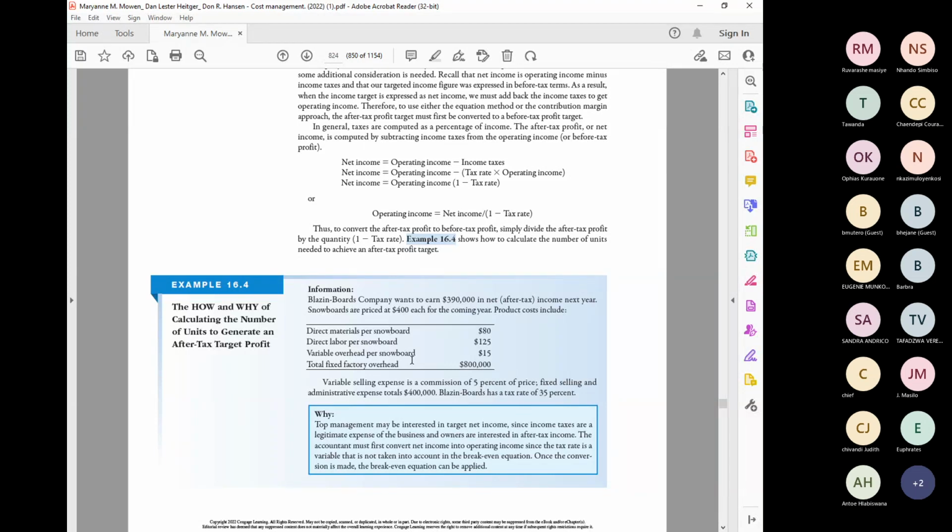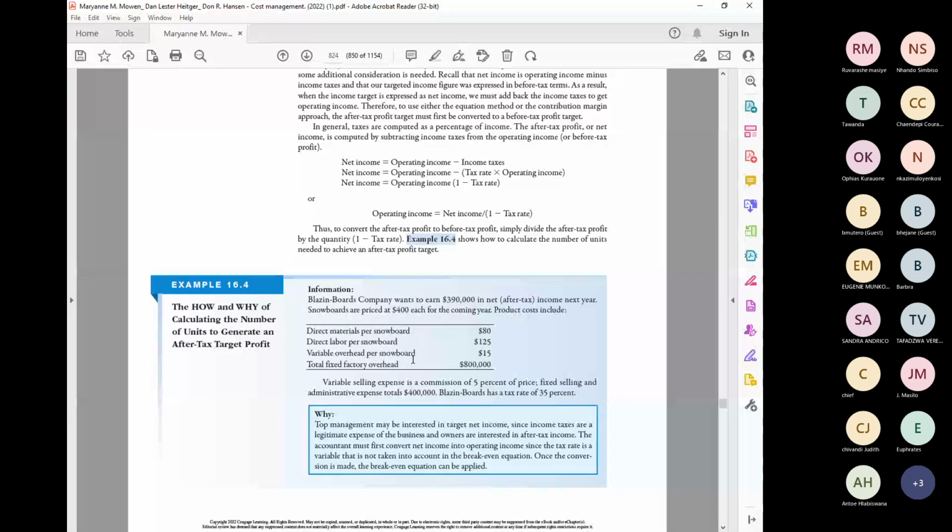Blazin Boards Company wants to earn 390,000 in net income, that is after tax, next year. Snowboards are priced at $400 each for the coming year. Product costs include direct materials per snowboard, $80; direct labor per snowboard, $125; variable overhead per snowboard, $15.